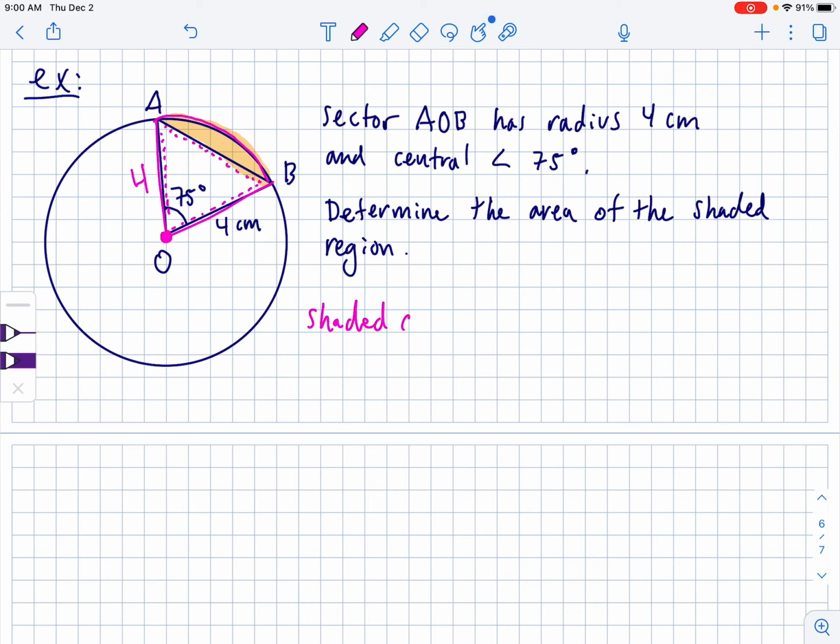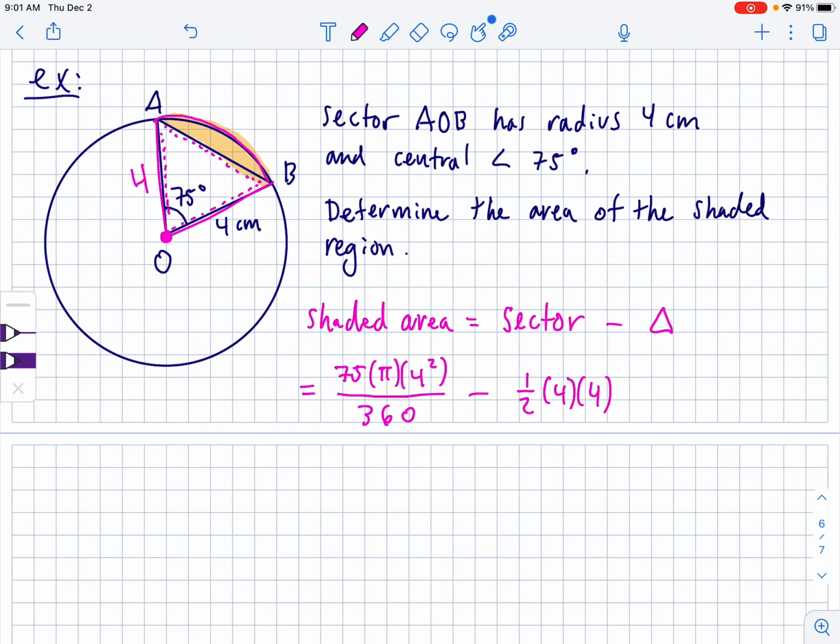So the shaded area is going to be sector minus the triangle. The sector is 75 times pi times 4 squared, all over 360. And then the area of the triangle is 1/2 times 4 times 4 times sine of 75 degrees.